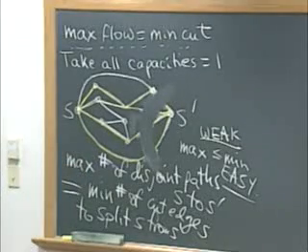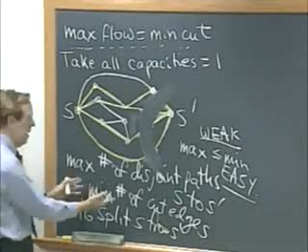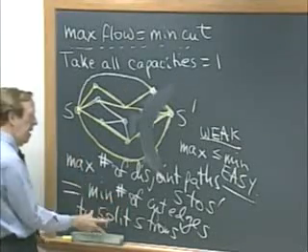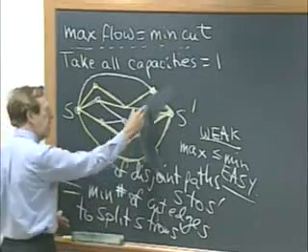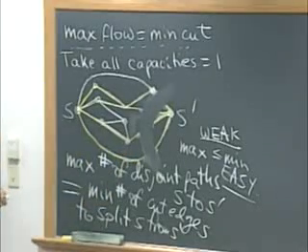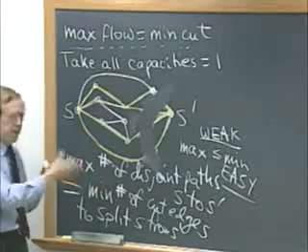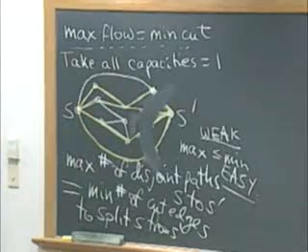Each edge has to be part of one of the disjoint paths. Yeah, exactly. If I manage to cut the thing with K edges, then there couldn't be more than K disjoint paths, because then I wouldn't have cut one of them.